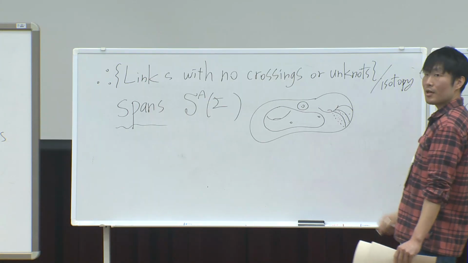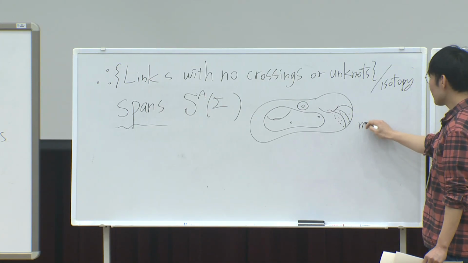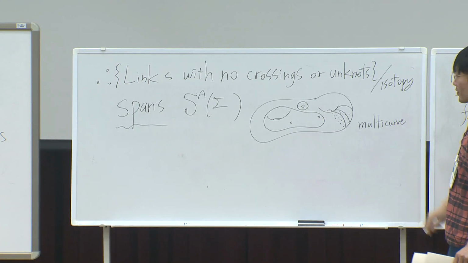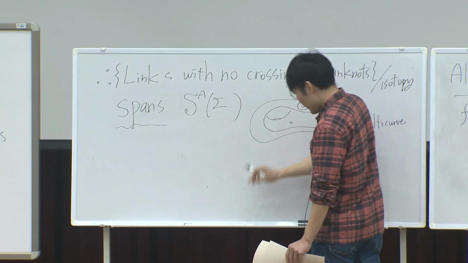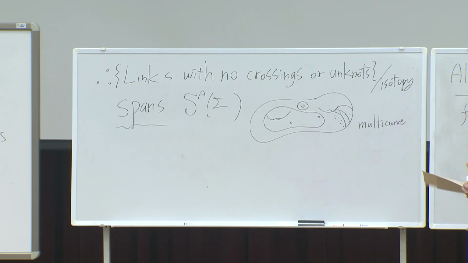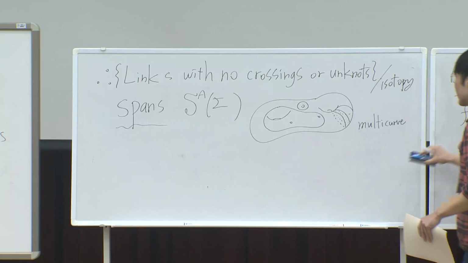That's also allowed. So you might want to call it a multi-curve, or maybe an essential multi-curve. I do allow small loops around punctures. So we just figured out that they actually span. Less trivial is that they actually form a basis. So they're linearly independent.